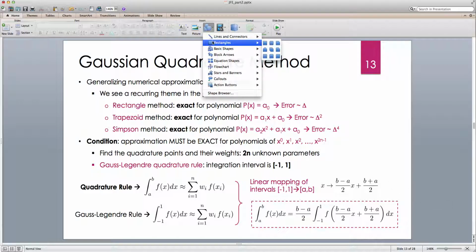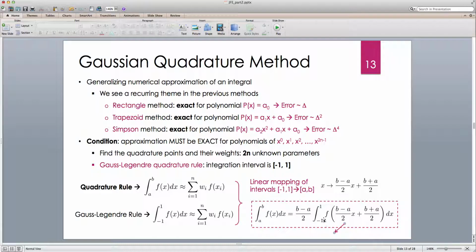And this whole f of something can be viewed as a g(x) function, right? So basically the integral from -1 to 1 of g(x) dx, and g(x) is just f((b minus a)/2 times x plus (b plus a)/2), okay?